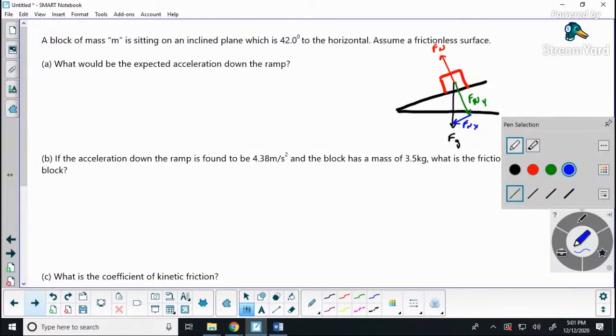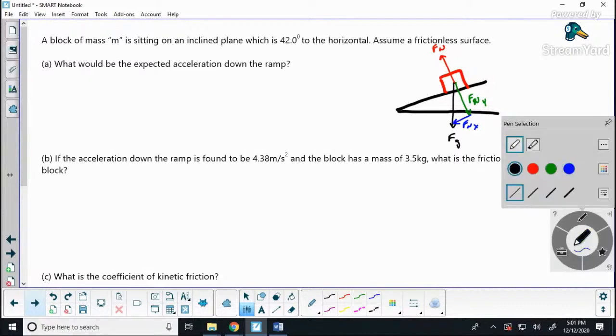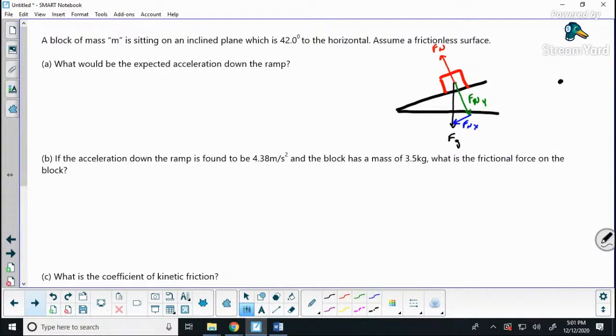And because this is frictionless, if I were to draw a free body diagram of this scenario, I would have my point mass, I'd have my force of gravity, I would have my force normal, and then I would have my force normal on the x.